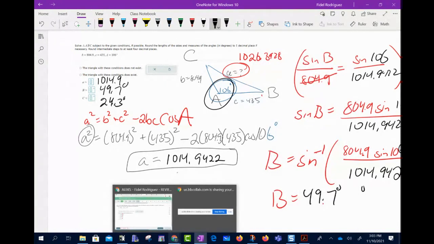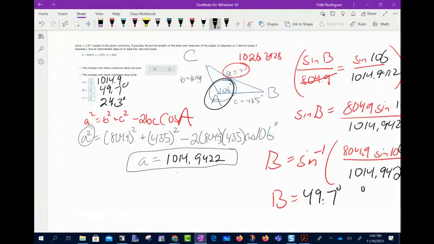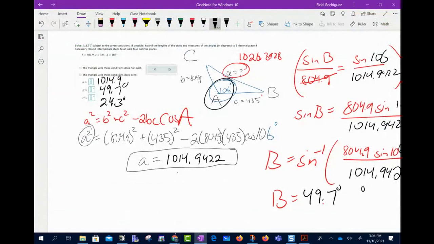Now let's see if we can fix this. 1014.9. B was 49.7. And C was 24.3.